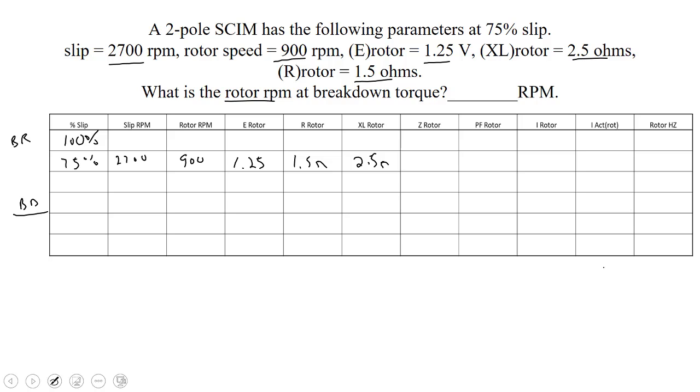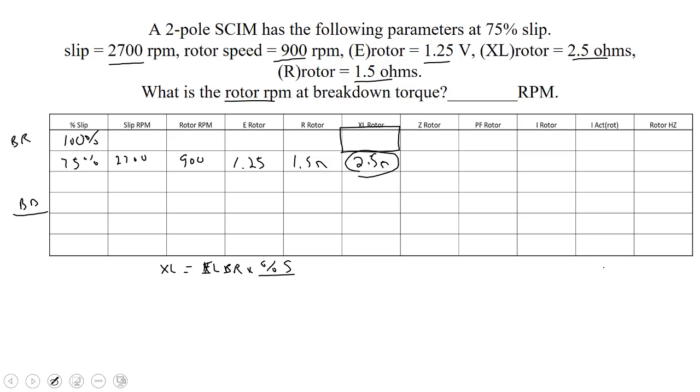All right. Let's use the XL at 75% to figure out what the XL is at blocked rotor, because we can use that in a little bit to figure out what our percent slip is at breakdown. The XL is equal to the XL at blocked rotor times whatever percent slip you're at.